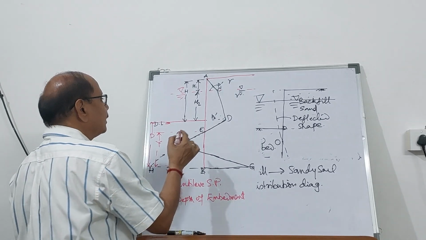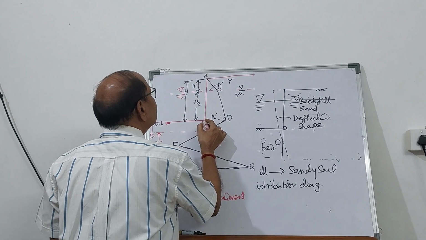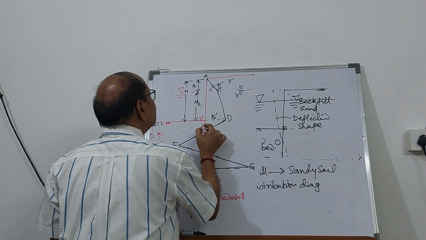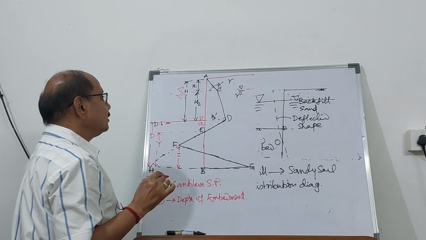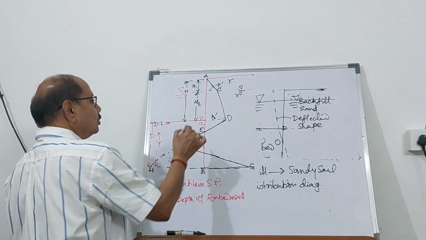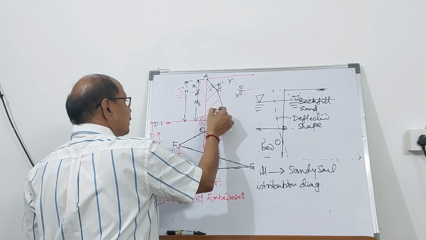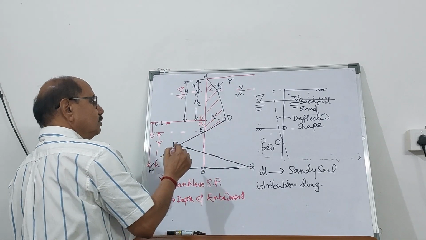This distance from D prime to E is going to be the distance A. So this is in active condition. This is going to be in active condition.